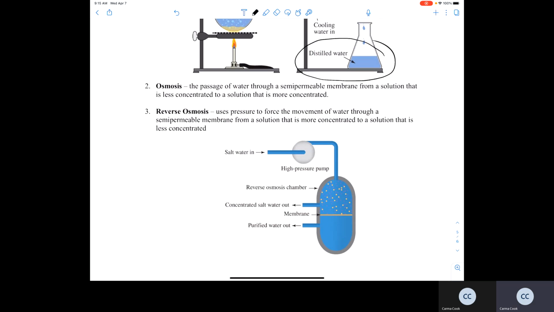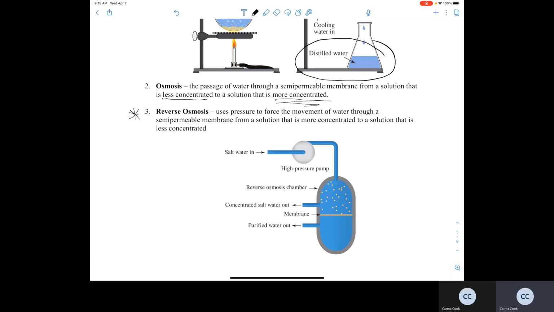Another possibility for purifying water, especially water that's been contaminated with bacteria and other microbes, is the process of reverse osmosis. Osmosis is passage of water through a semi-permeable membrane from a solution that is less concentrated to a solution that's more concentrated.